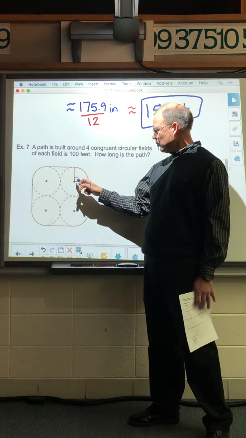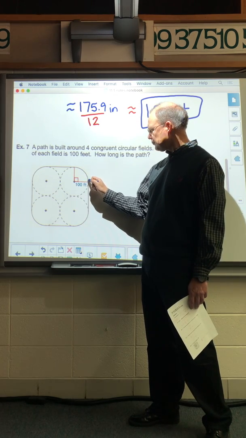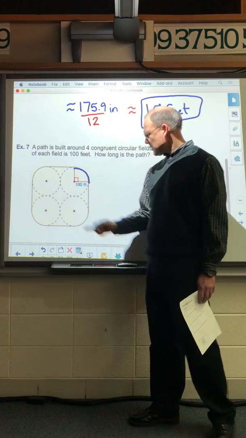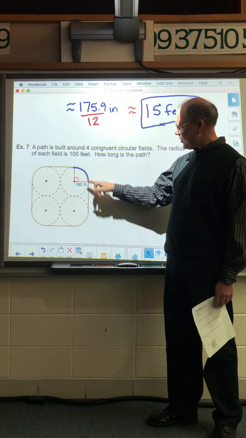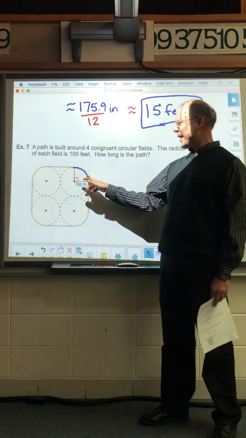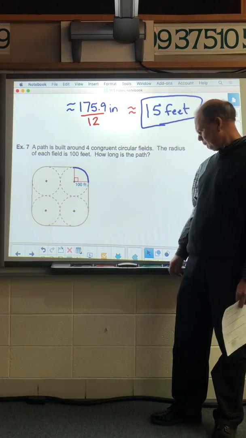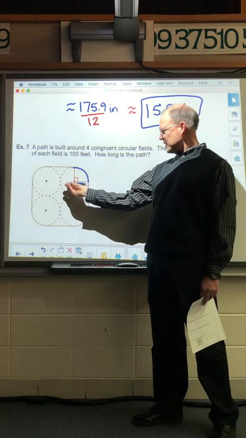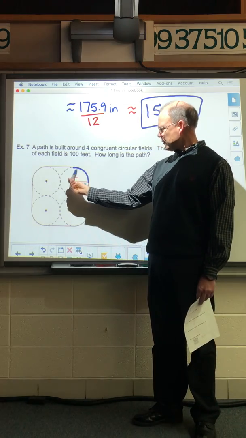Okay, so this is 90 degrees. So that arc right there in the corner, that's what fraction of the whole circumference? Hopefully you can see that's 1/4, right? 1/4 of the way around the circle.